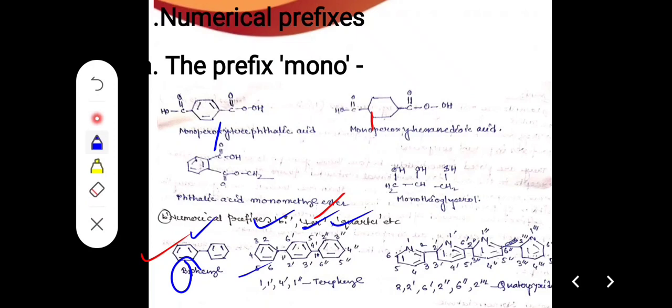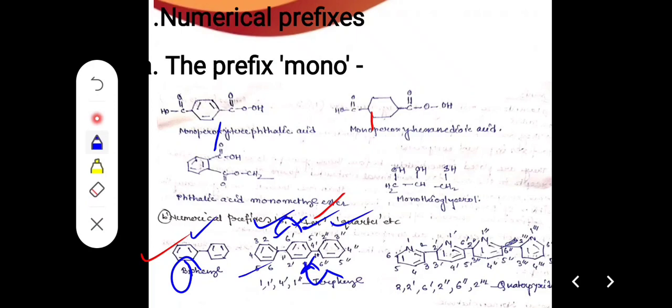These numbers are used to indicate the linkage between them, okay. How can we conclude? There must be one position attached with the other's 1 prime position, okay. There must be a 4 prime position attached with the other's 1 double prime position, okay.